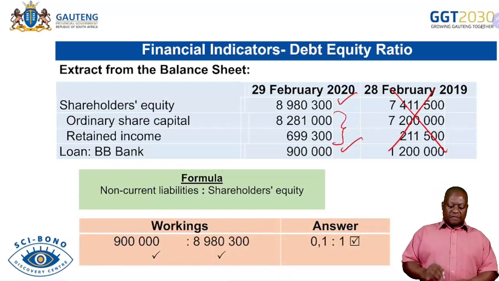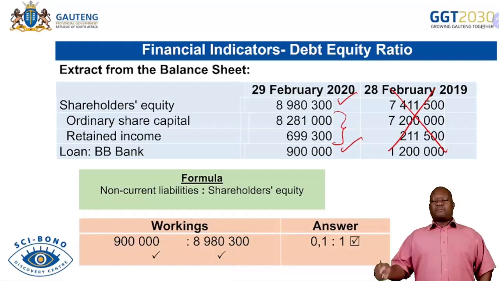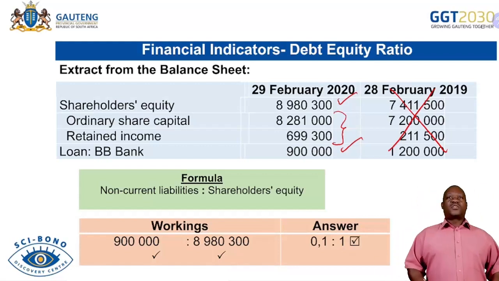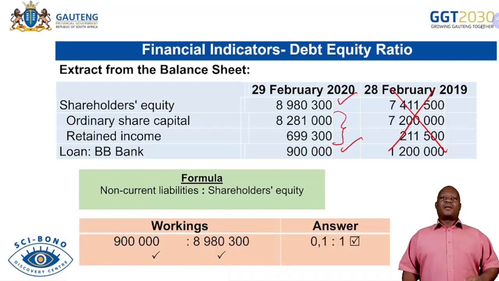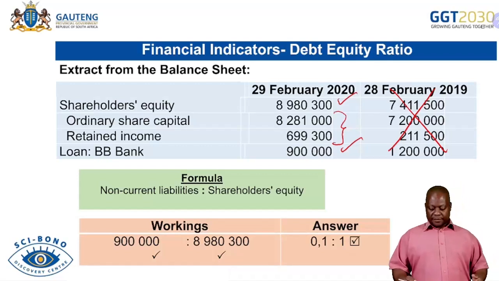You are going to divide that figure into the loan. So it's 900,000 divided by it on your calculator, and it gives you 0.1. So your answer is going to be 0.1 as to 1. Simple, straightforward. I think these are 3 marks for doing absolutely very little. Please don't lose such marks.